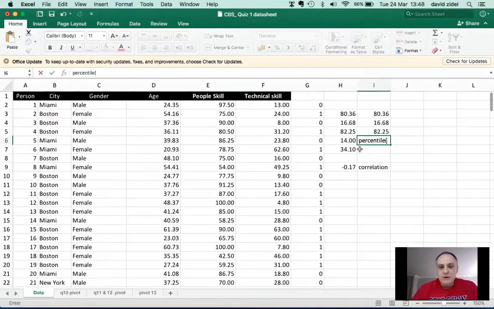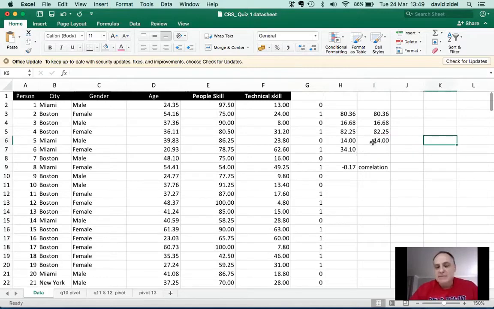We're looking for technical skills, so we're looking for this range. It's F2, in our case F201, and we're looking for 0.25, which is the lower end of that scale. I haven't put in an equal sign in the beginning, but if I do, there's 14, and we want the answer to 2 decimal places, so it's exactly 14.